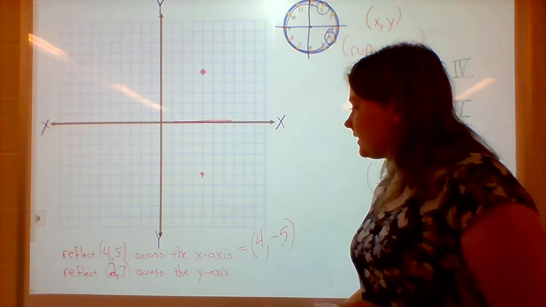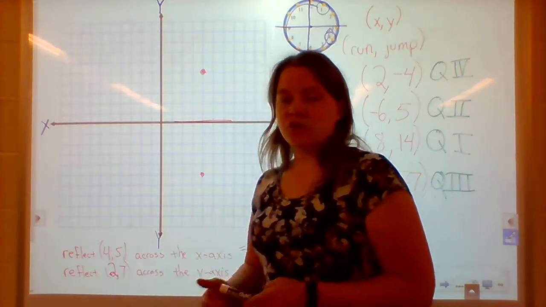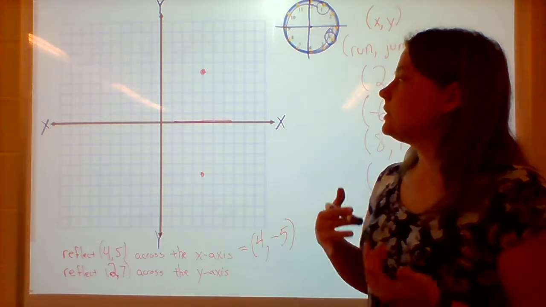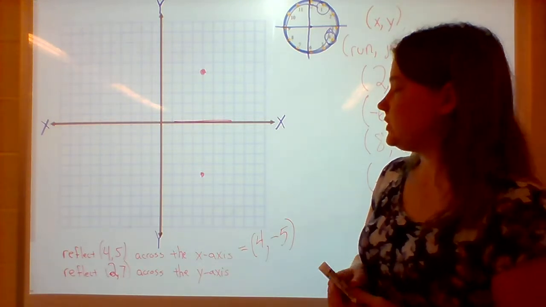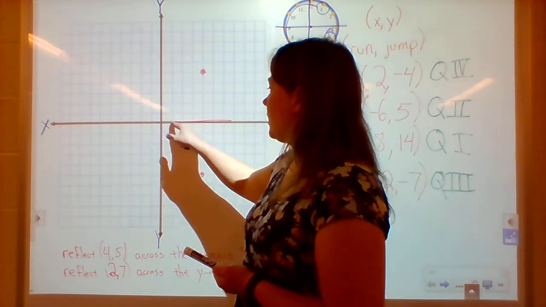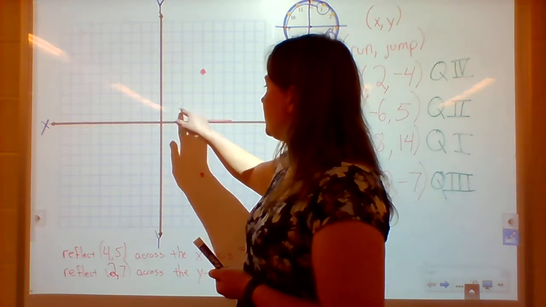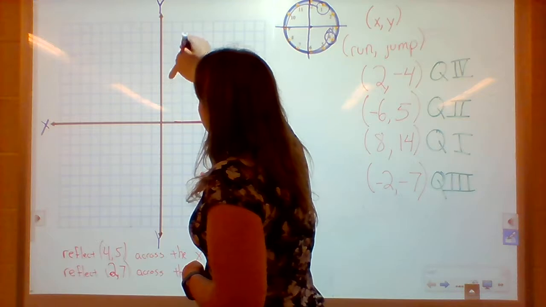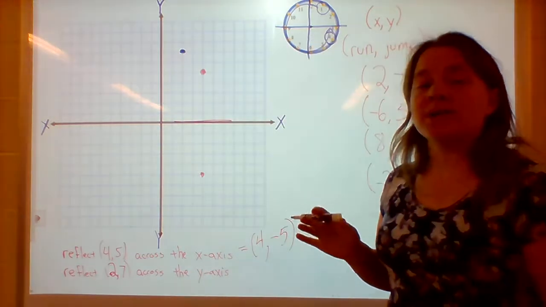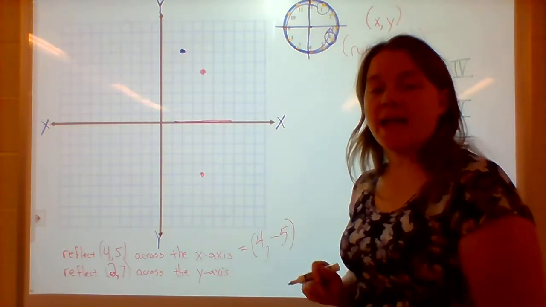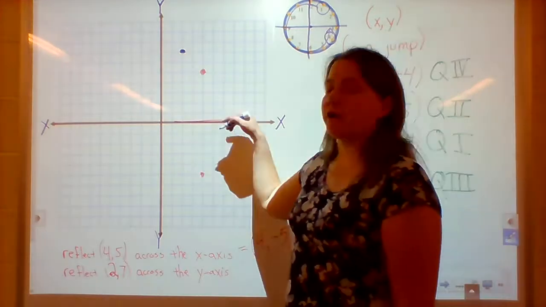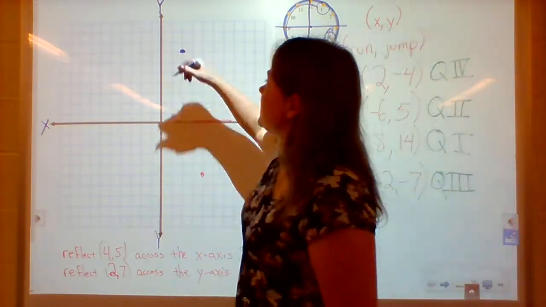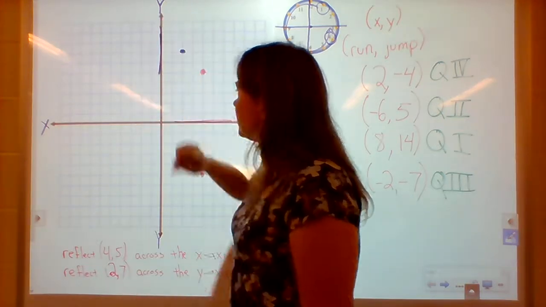Let's go ahead and look at reflecting 2, 7 across the y-axis. So first I want to find 2, 7. And I know I'm going to run 2 and then jump 1, 2, 3, 4, 5, 6, 7. And now, because I'm going to reflect it across the y-axis, this is no longer my mirror. That's the x-axis. My mirror is now going to be the y-axis.